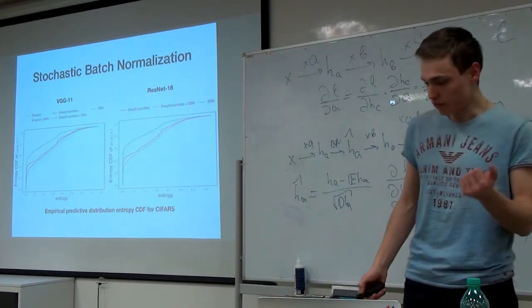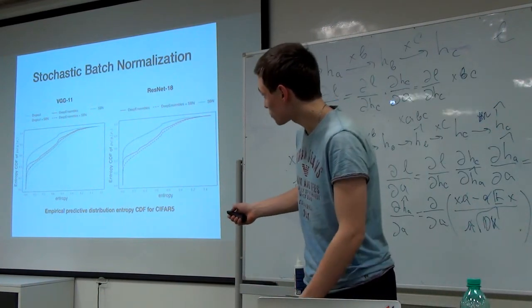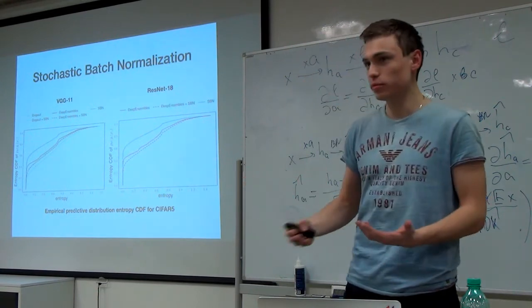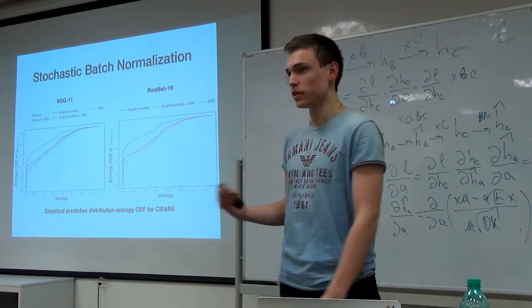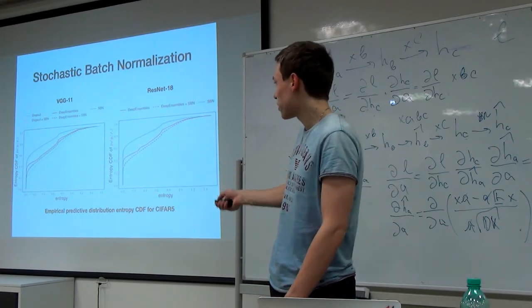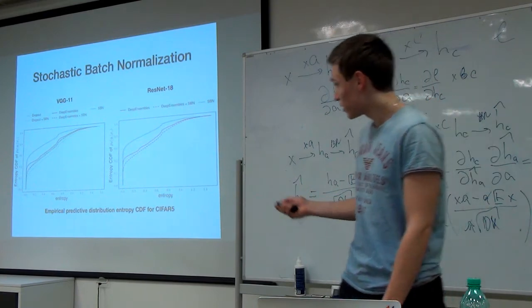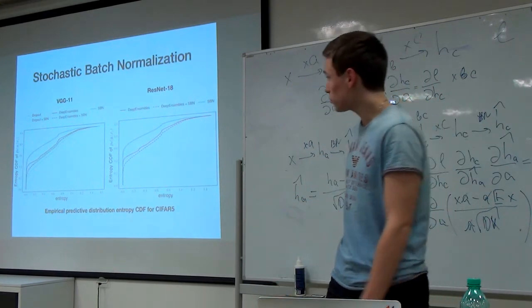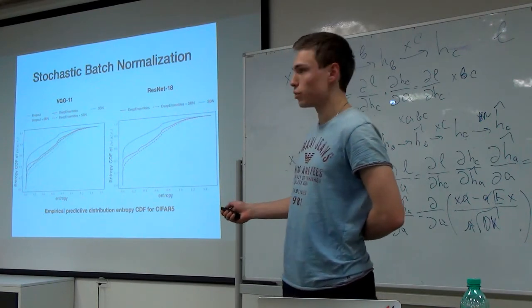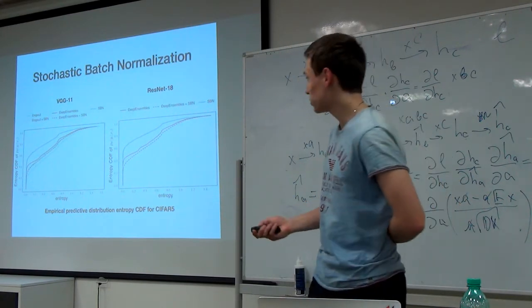From our observation, we want entropy to be high on out-of-domain data. This means the lower curves and the more to the right, the better, for these plots. The green curve corresponds to dropout, just simple binary dropout.